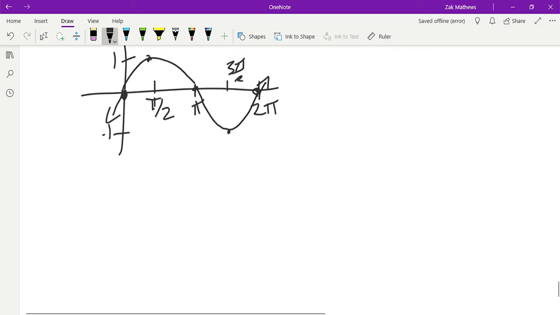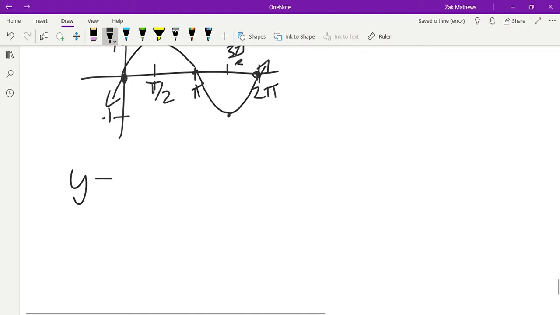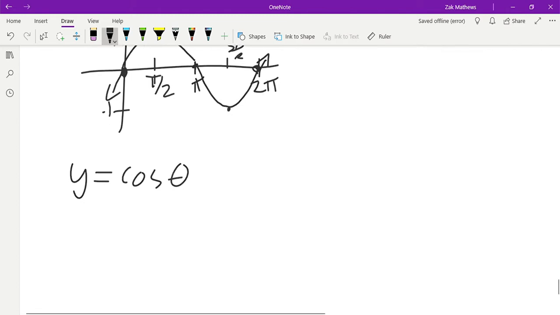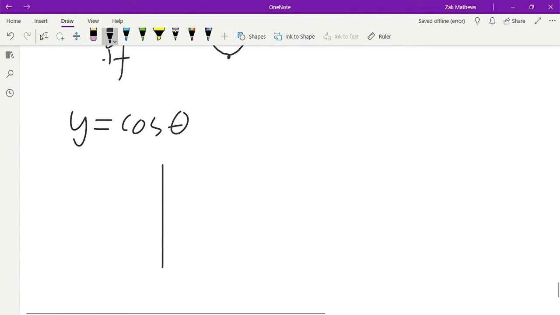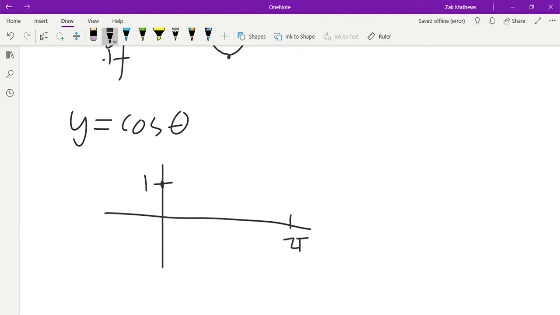Cosine, let's look at the cosine next, and then we'll talk about how we can move these things around. I think about it in terms of those same values. So I know at 0, cosine actually starts at 1. And 2 pi later, 2 pi being coterminal with 0, we get back to the same value of 1. If we look at pi, that's where we reach the -1.